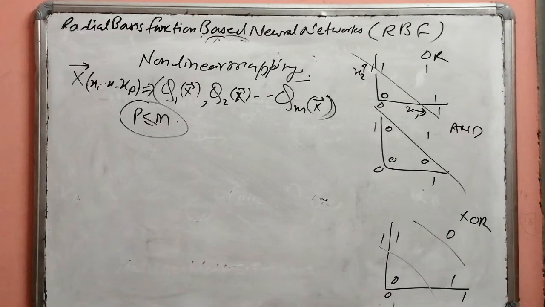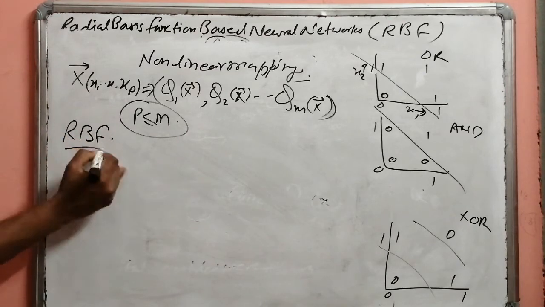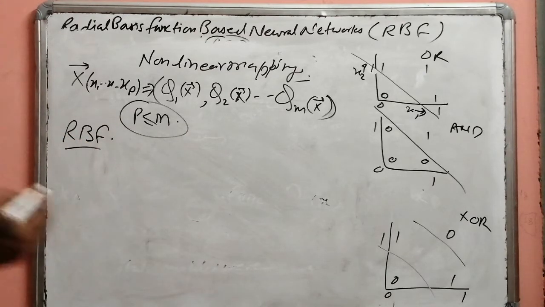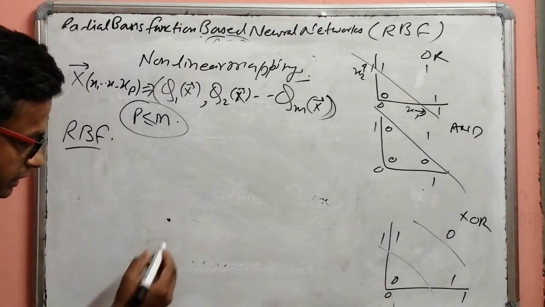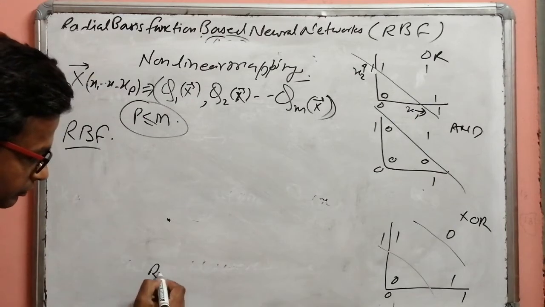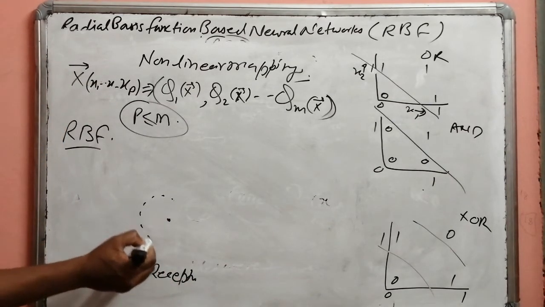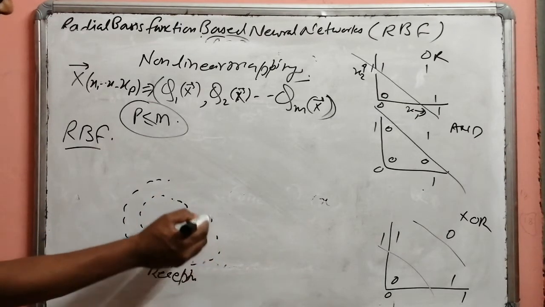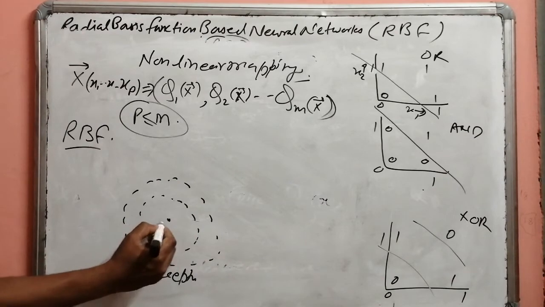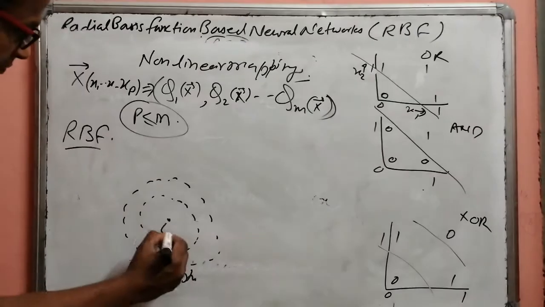Now let us look what actually are the radial basis functions. These RBFs can be seen as a receptor unit. This is called receptor, and there are certain fixed radii concentric circles around this receptor. Let me call this your t receptor.